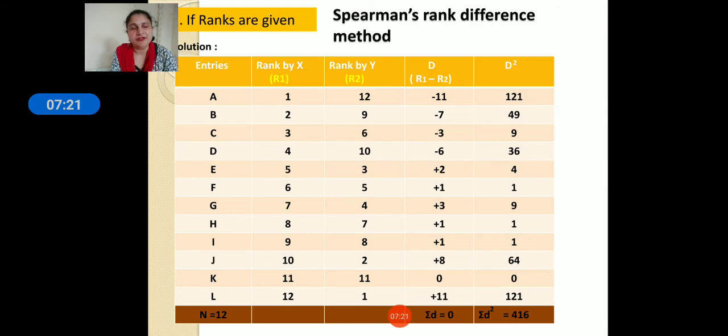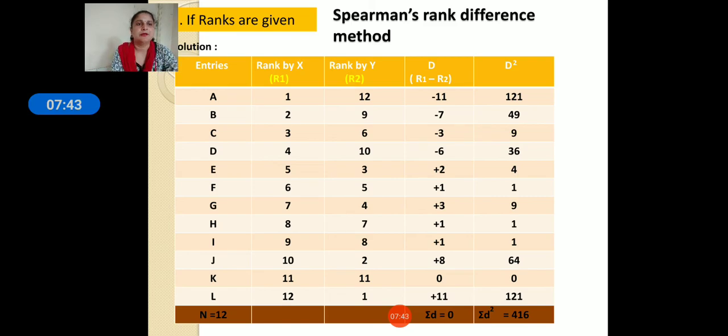So the square of 11 is 121, the square of 7 is 49, the square of 3 is 9, then the square of 6 is 36. In this way we have squared all the values. The sum total of all these squares we will get is 416. This tabular work is completed.